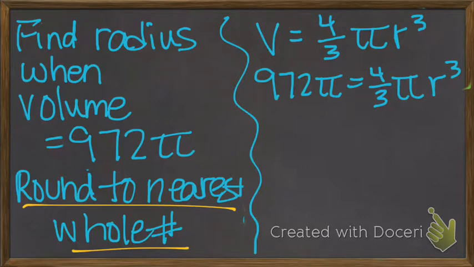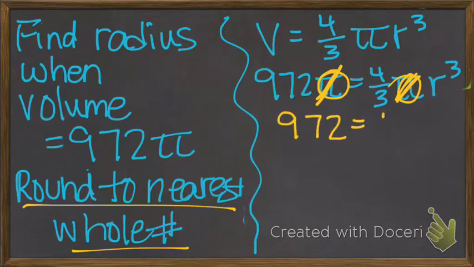Because I have pi on this side and pi on that side, and it's multiplied in both cases, I'm going to divide by pi on both sides and just cancel it. Then I have 972 equals 4/3 r cubed. To get rid of the 4/3, I'm going to multiply by 3/4. Then I have 12 over 12, and it cancels.